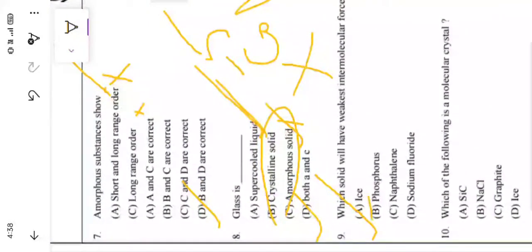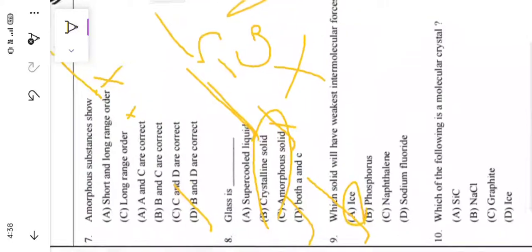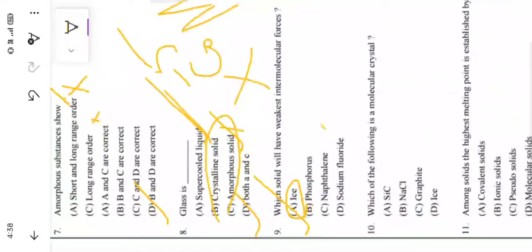Ice has the lowest intermolecular forces. Okay, I'll also do like this. This is minus 1.